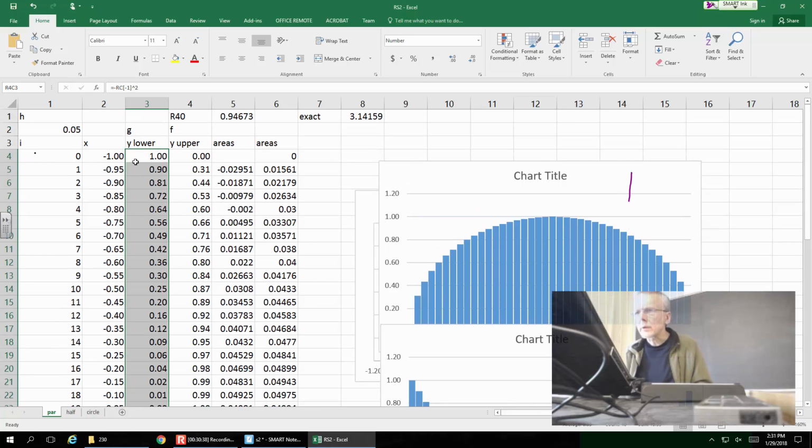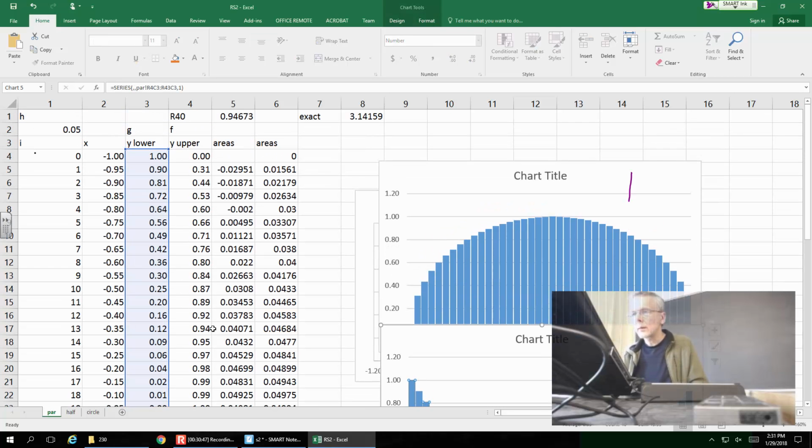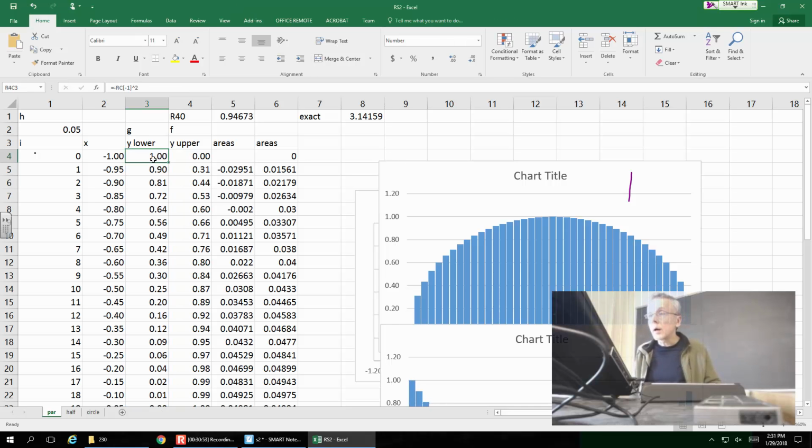Hold on a second. What did I do wrong here? Why is it 1? Negative 1 squared is 1. It should be negative 1.